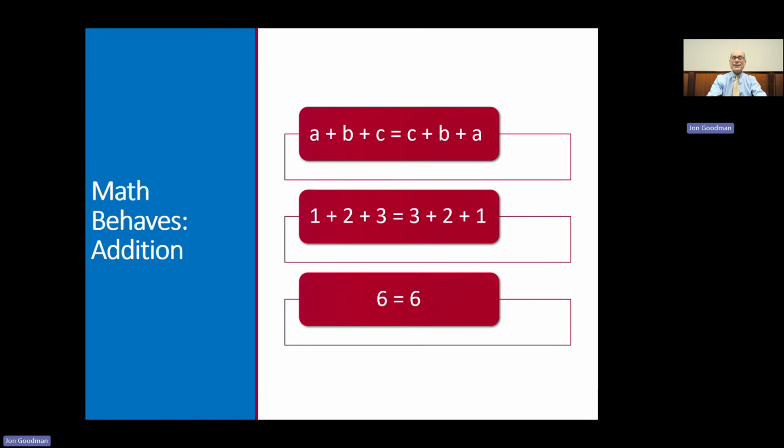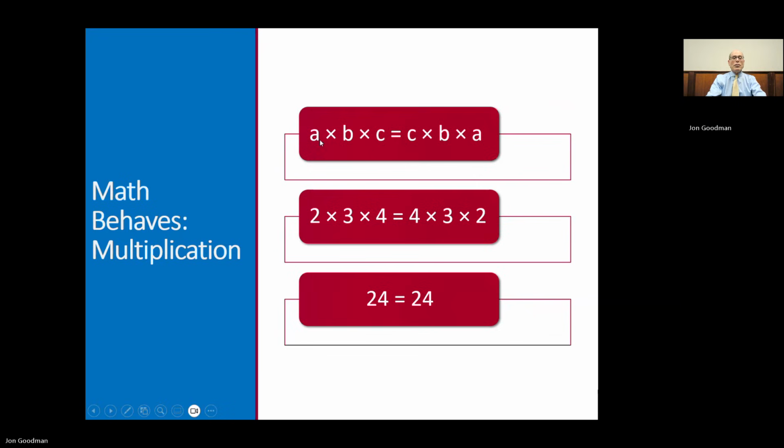Order does not matter with addition. 6 equals 6. Order does not matter with multiplication. 2 times 3 times 4 calculates to 24, which is exactly the same if you reverse the order. 4 times 3 times 2 is 24. So far, so good.